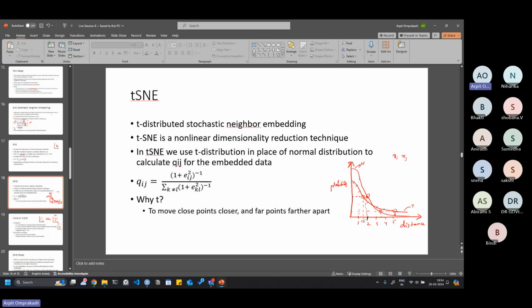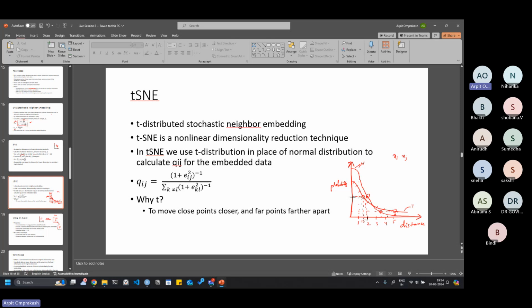So let's say we have some point at a distance of 2 units in the higher dimension. We are basically using the normal distribution to map it to some probability value. Then based on the probability value, we use a t distribution. As you might remember, a t distribution has a lower height and a fatter tail. So with a t distribution, this value maps onto 1.5, which is closer.